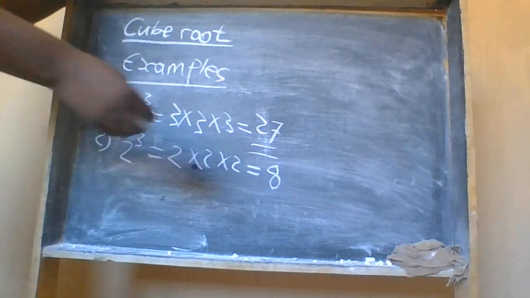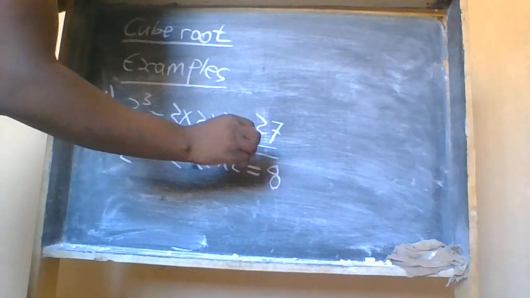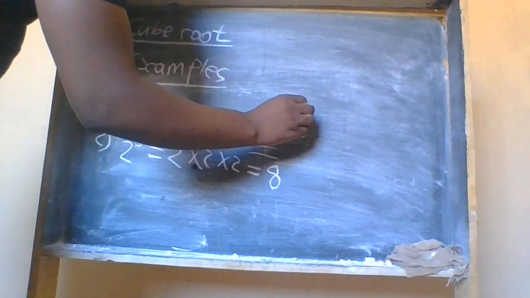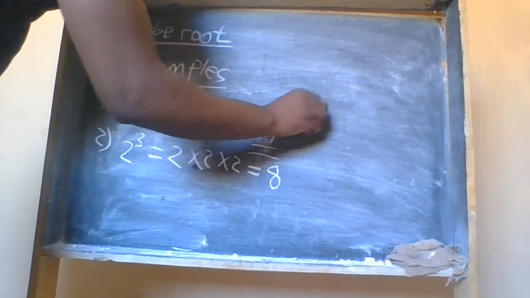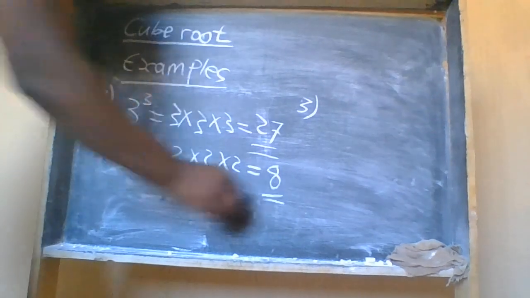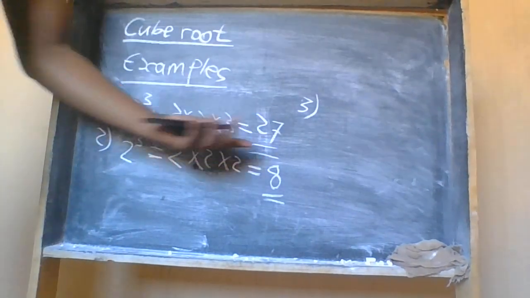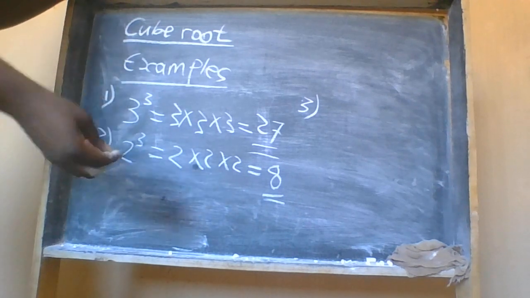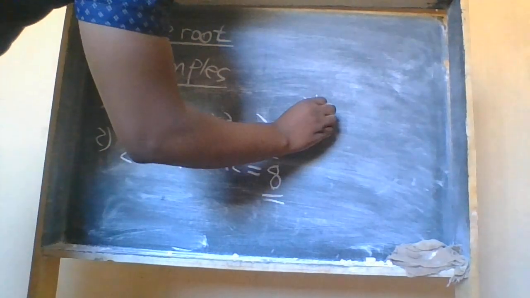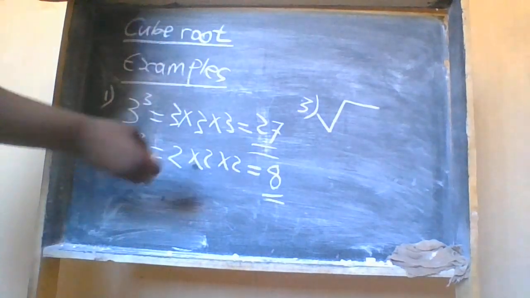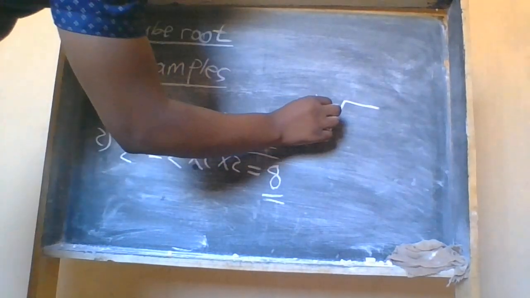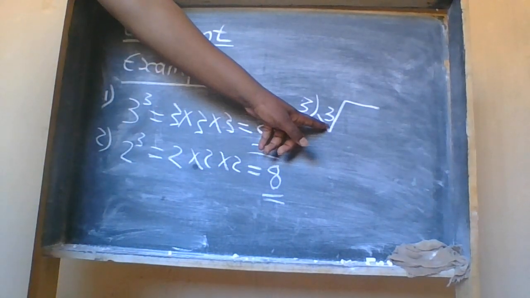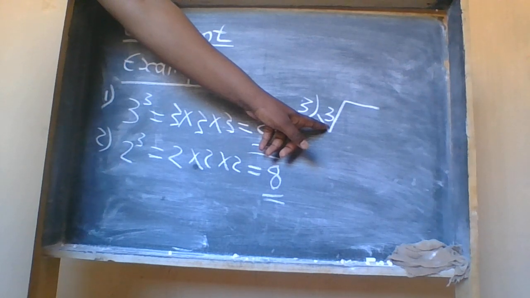Now for the sake of clarity, before I go typical in this same topic, for example 3, I'll use these same results that we got here. By the way, the symbol of the cube root is written like the square root, but for the cube root, you also indicate a number 3 there to represent cube.